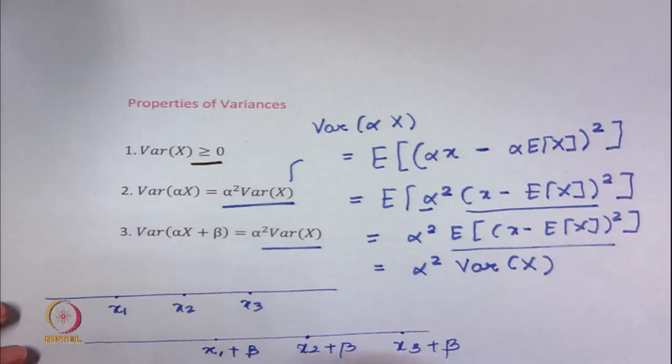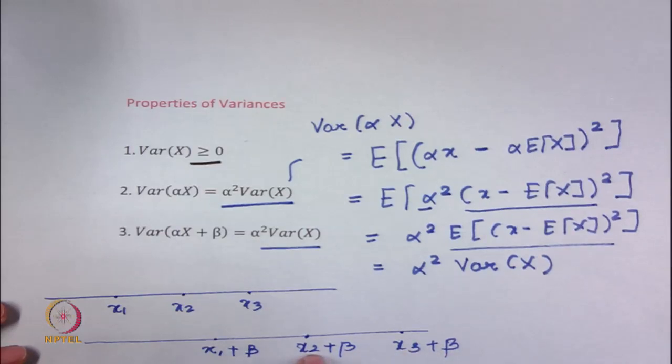The mean will also have shifted by the same amount beta, and thus the distance of these numerical values from the mean would not change, and thus the square of that distance will also not change, and thus the variance remains unchanged.